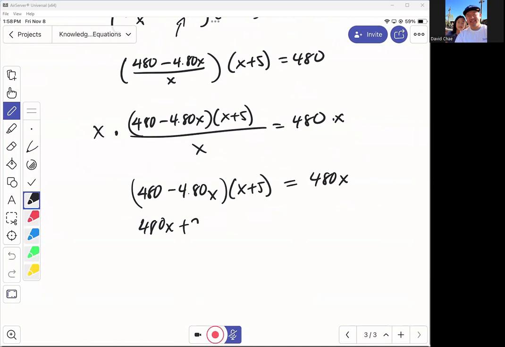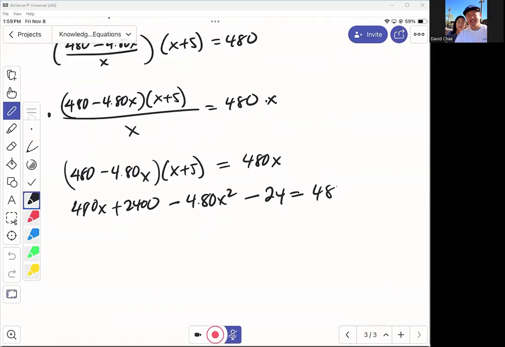It's 2,400 minus 4.80x squared minus 4.8 times 5 is 24, so 24x, equals 480x.